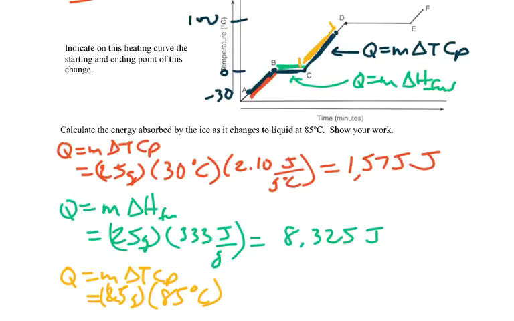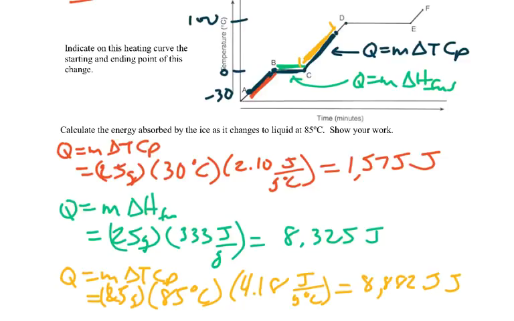And I need my Cp for water, and I'm not going to look it up because I've used this enough. So 4.18 joules per gram degree. So it's 25 times 85 times 4.18, and I get 8,882.5 joules.